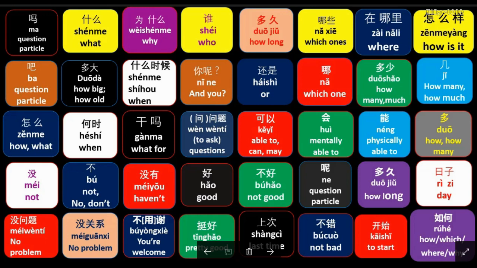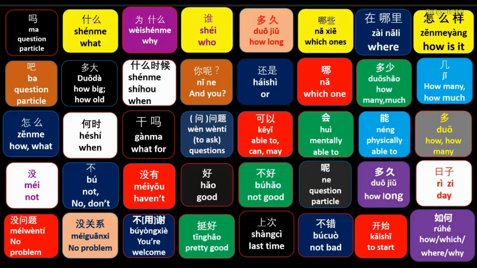So if I want to ask you, how are you? How is it? How is everything? I can easily go with 你怎么样? Which is also as good as 你好, but more friendly. 你怎么样? How are you? How's everything? Alright, and then they'll answer 不错, 很好.